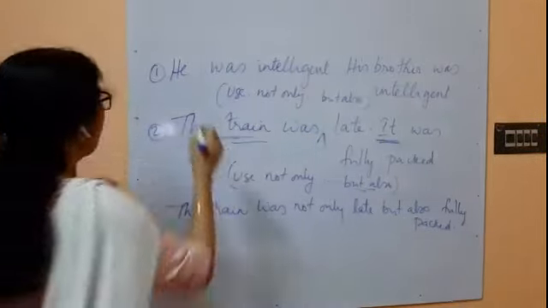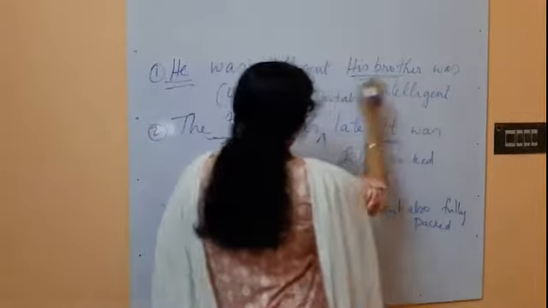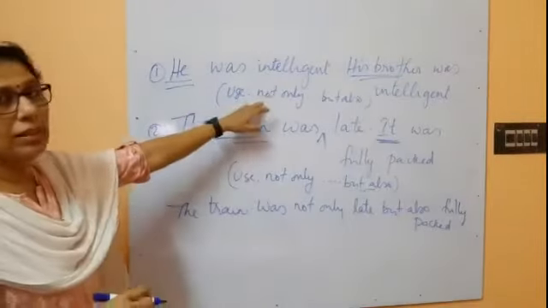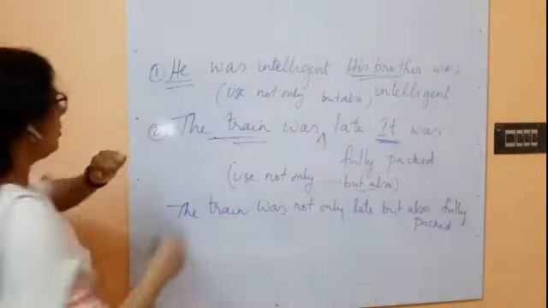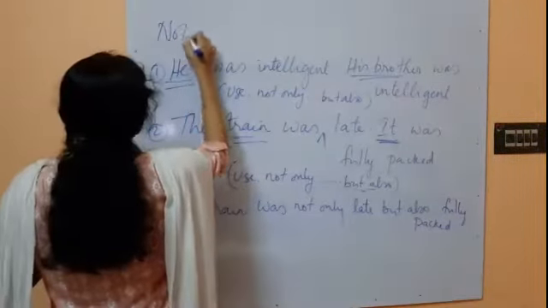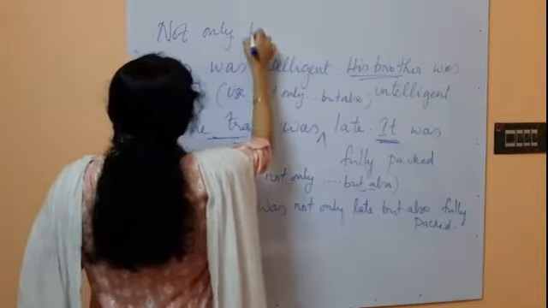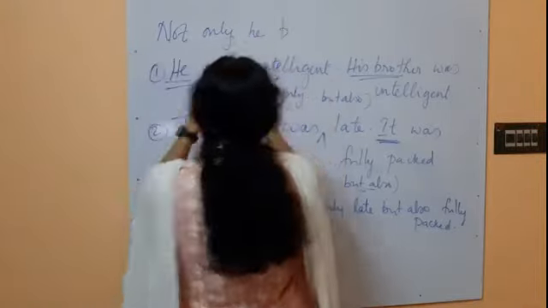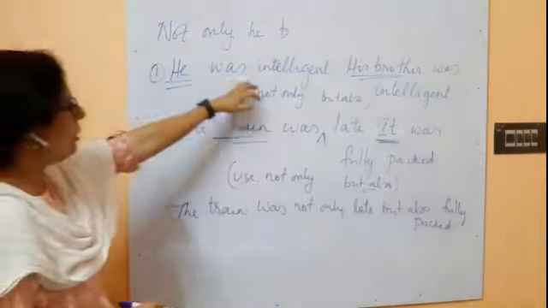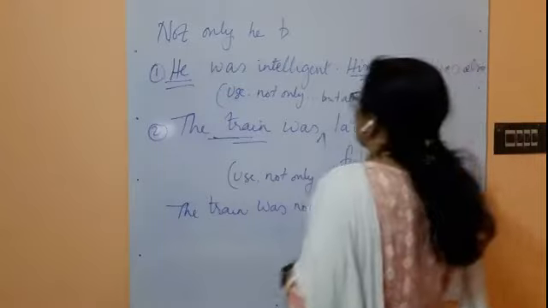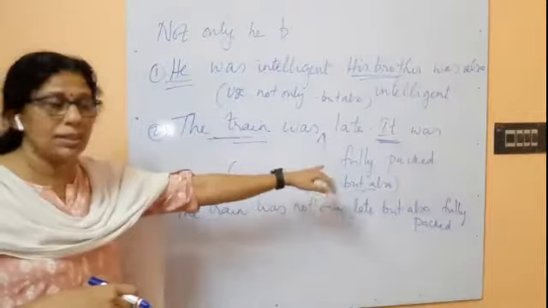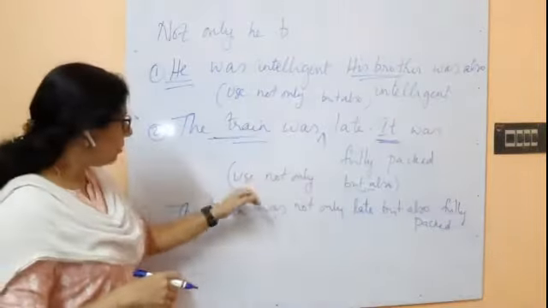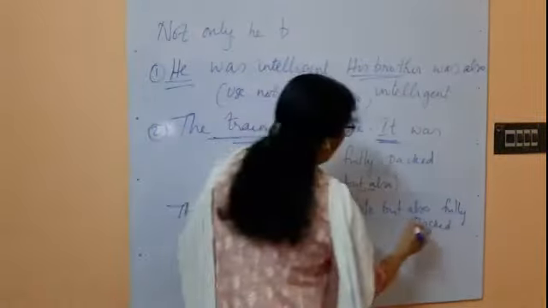And if both the subjects are different, how will you insert not only? You have to begin the sentence with not only. Understood? So the answer will be: not only he, because both are intelligent. He was intelligent, his brother was also intelligent. Here both the subjects are different, whereas in the train sentence both are same, which is why we inserted it after the verb: the train was not only late but also.